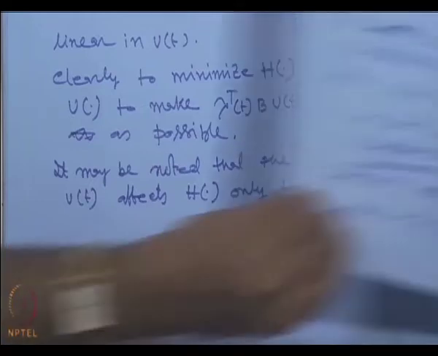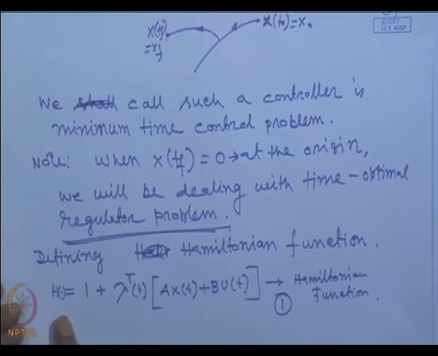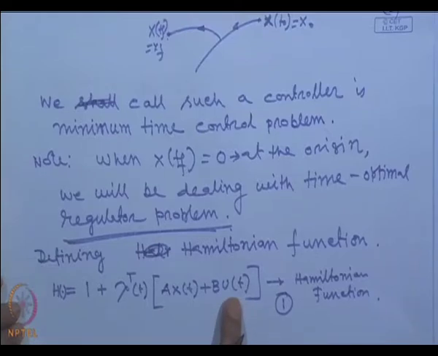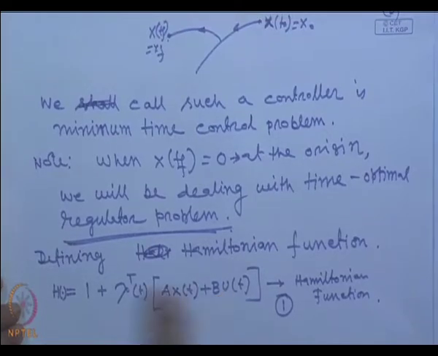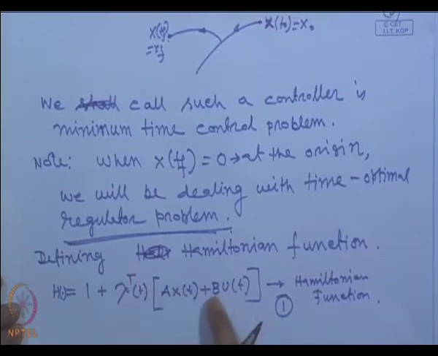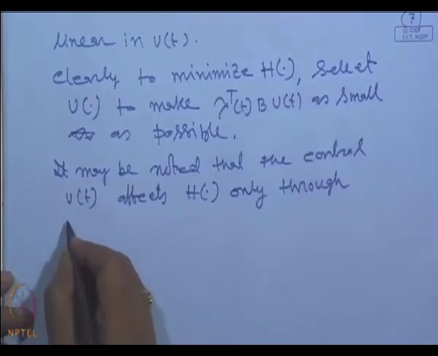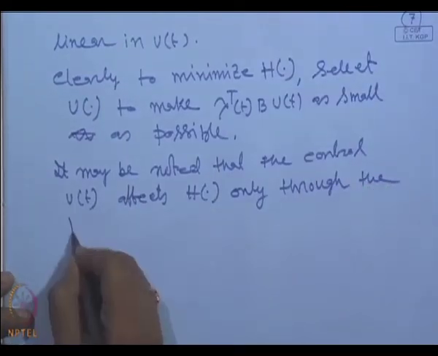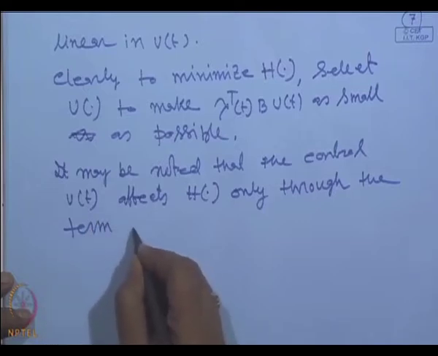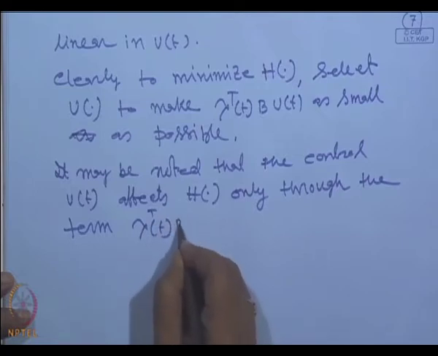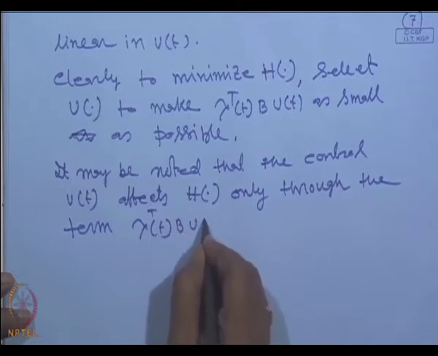If you see this, the control u affects H only through the term lambda transpose of t B u of t.